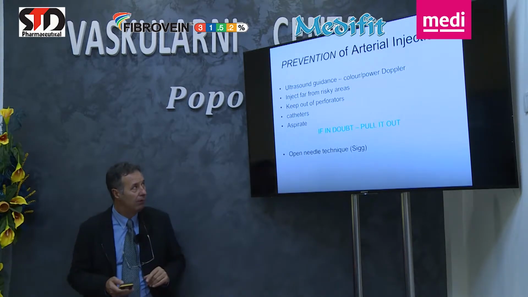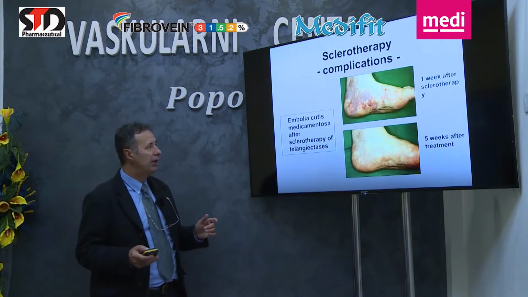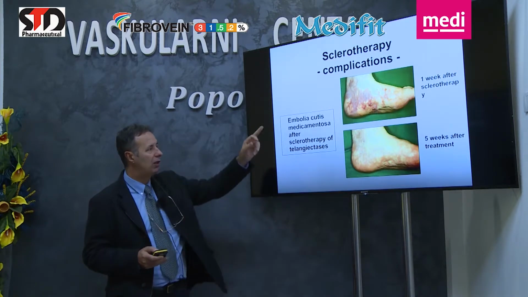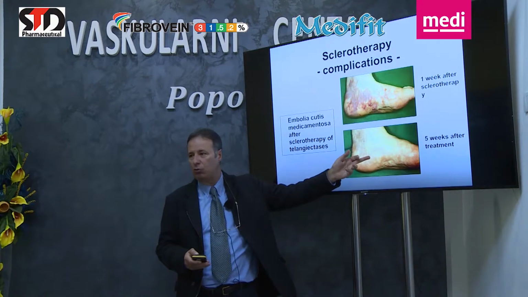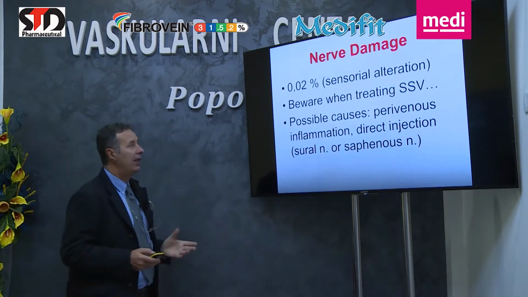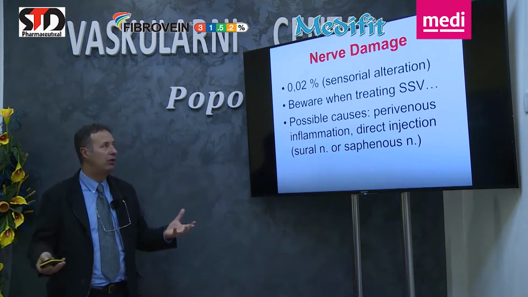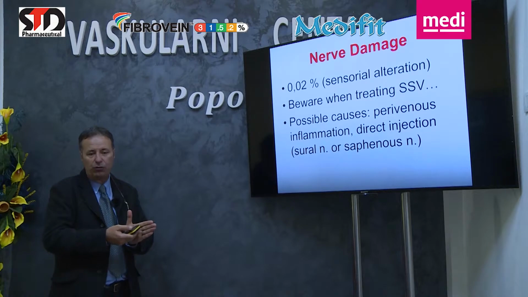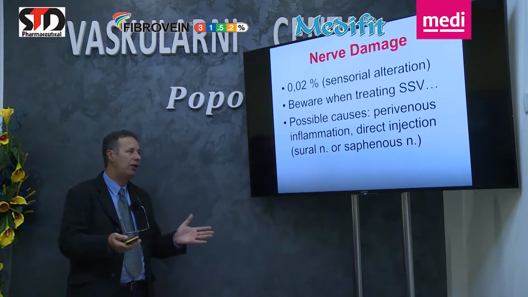That's simply to tell. Here is another case, not mine, of embolia cutis medicamentosa after sclerotherapy of telangiectasia. And you see that in 5 weeks, anyway, everything goes quite well. Nerve damage, very rare, very rare. You should somehow inject the nerve or somehow disturb the nerve because of the inflammation you create in the treated vein. So perivenous inflammation, direct injection.